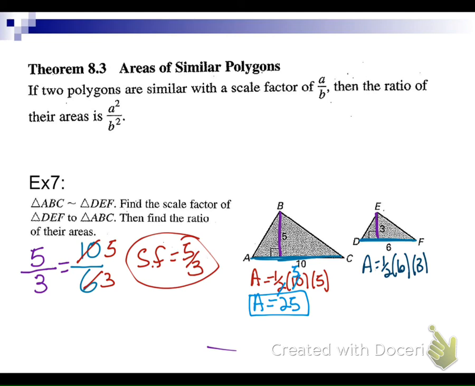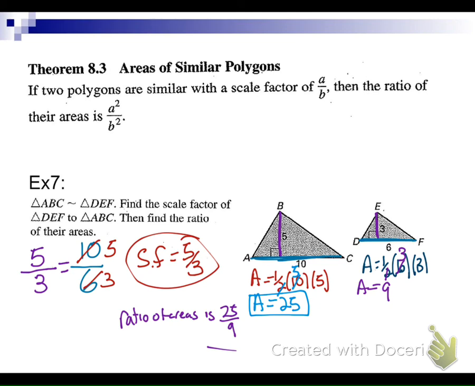We see half of 6 is 3. So you end up with area equaling 3 times 3, which is 9. So the ratio of areas is 25 over 9.